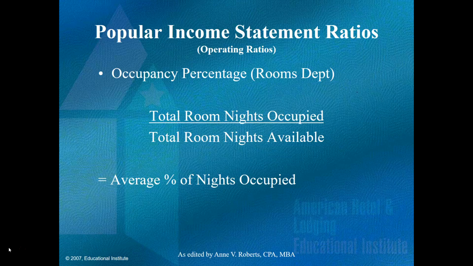If we go back to our example, 5 rooms, a 30-night month, and all the rooms were rented out 20 nights during the month, our percentage of room nights occupied is going to be 100 room nights occupied divided by 150 room nights available. So the percentage is going to be 66%, 2/3.